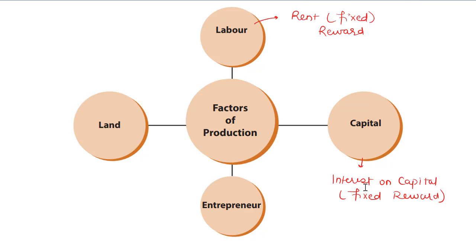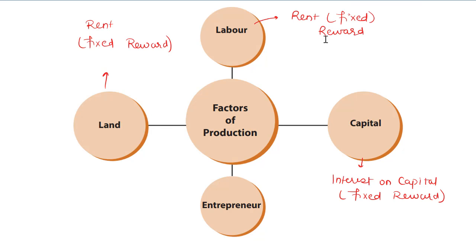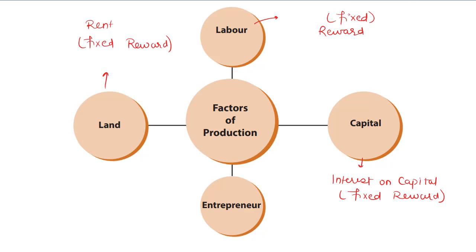The reward for land is rent, and this is a fixed reward. Over here, the reward for labor is not rent. The reward for labor is wages.